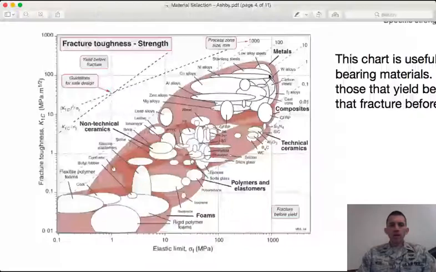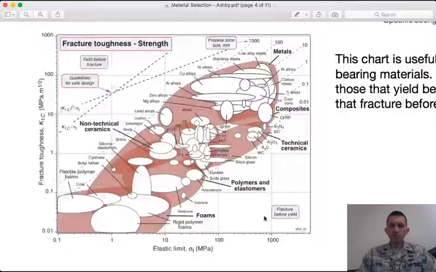And as you get a larger grain, a larger crystalline region, this dotted line serves as the boundary between materials that would yield before they fracture. So as the fracture toughness increases and the elastic limit decreases, you're more likely to yield the material before it fractures.